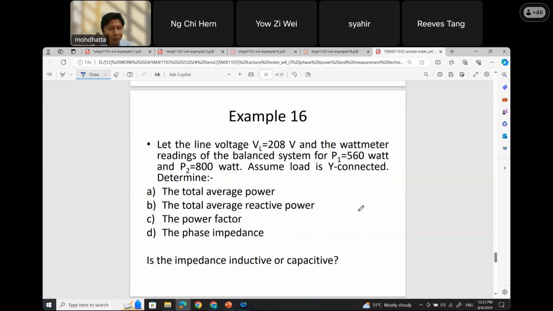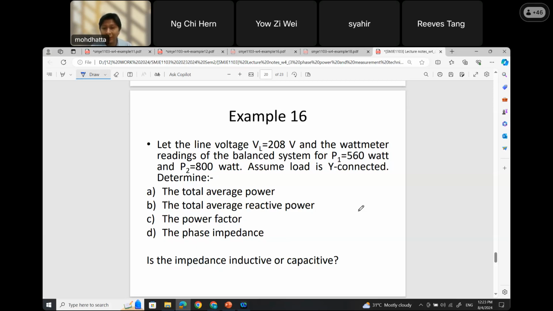I think it's very straightforward. For the total average power, just take the summation of P1 and P2. For the total average reactive power, we use the square root of 3 times P2 minus P1. For the power factor, we use the tangent relation to get the angle.